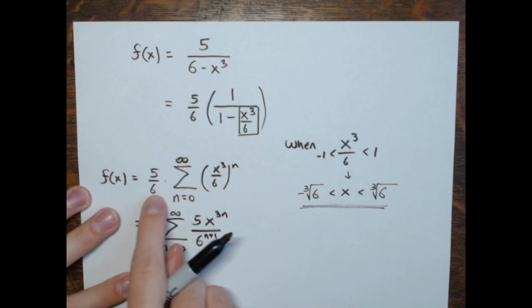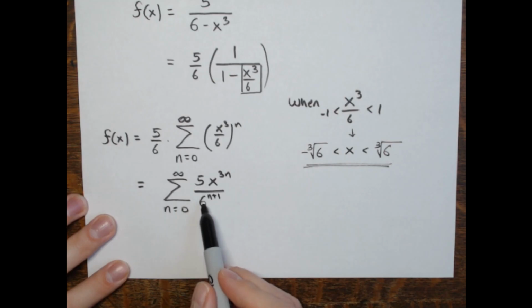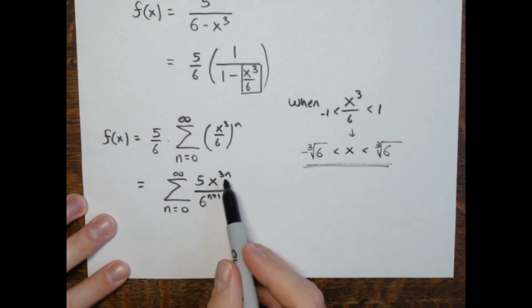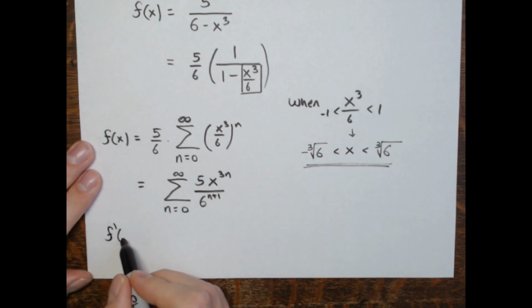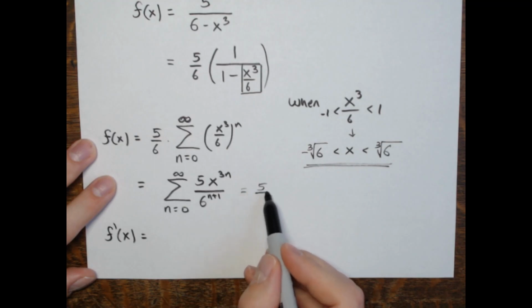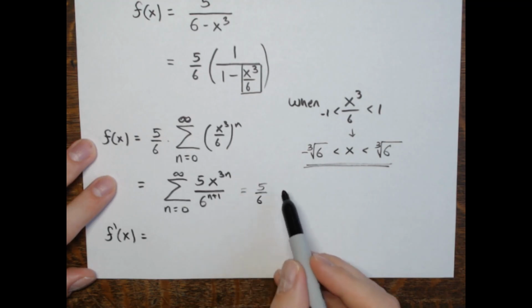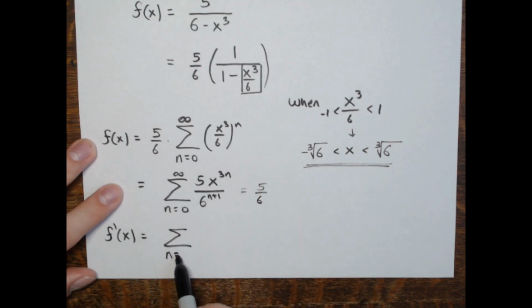You have 6 to the nth and then another 6 down there. So your coefficients are all 5 over some power of 6, and all the powers on x are multiples of 3. And when I differentiate, the first term of this should just be a constant, 5/6 when n equals 0. So when I differentiate, the n equals 0 term is gone. So I'm starting the derivative series at n equals 1.